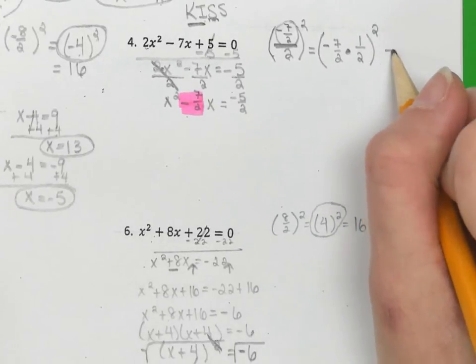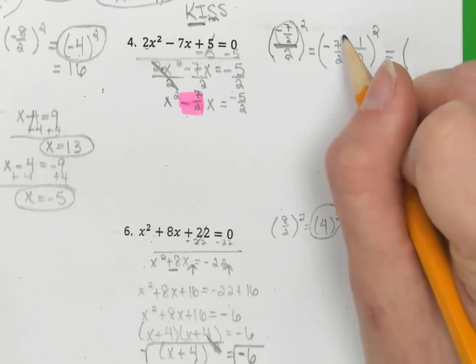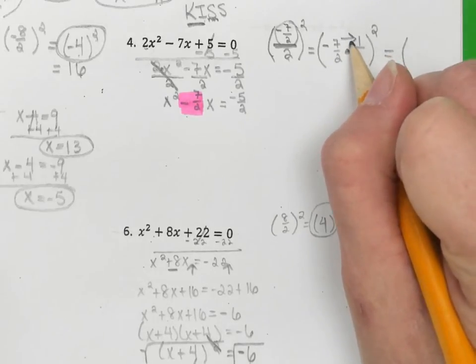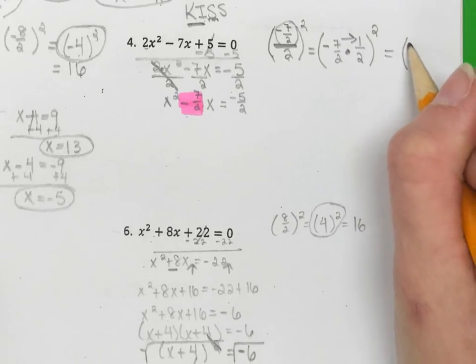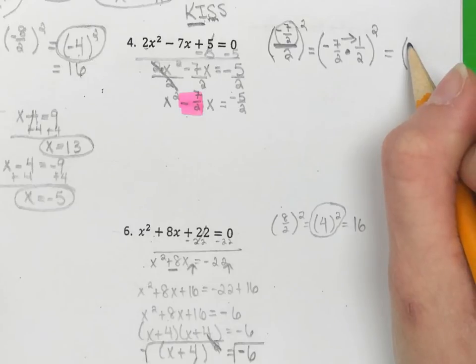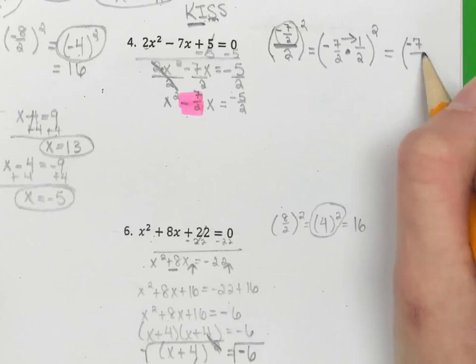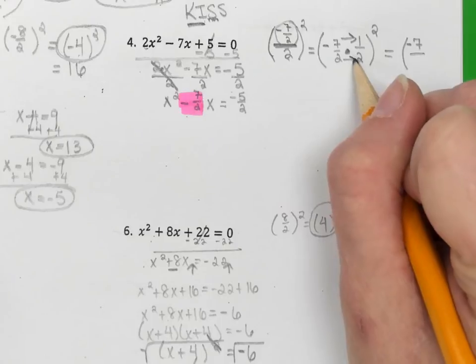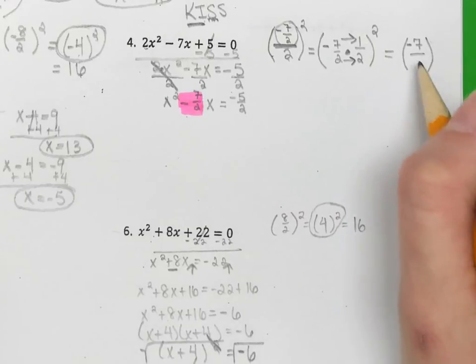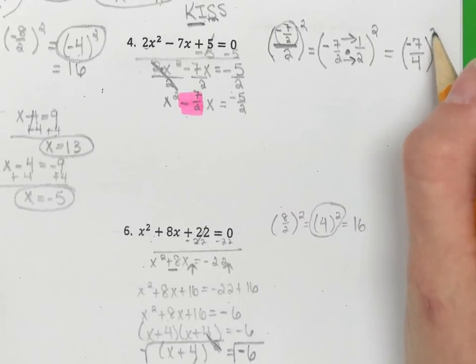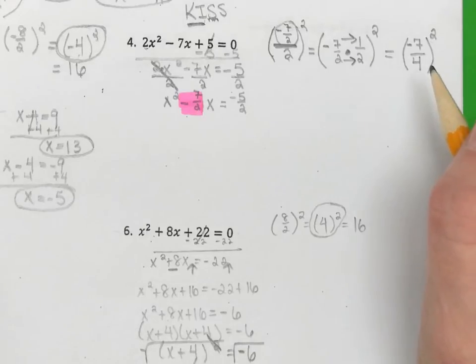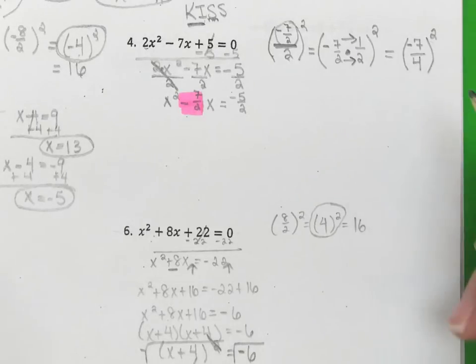Alright, so multiplying is easy, right? You just multiply straight across the top. What do you get? Negative 7. Thank you, Aaron. And straight across the bottom. What do you get? 4. Do not use decimals. They are not your friend, people. Not on these, anyway. So now you just square both of them.